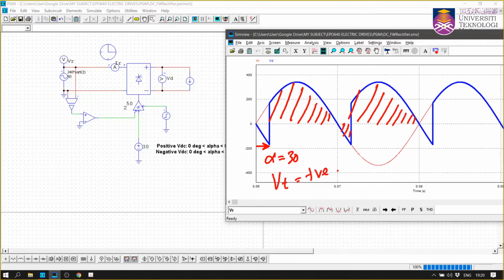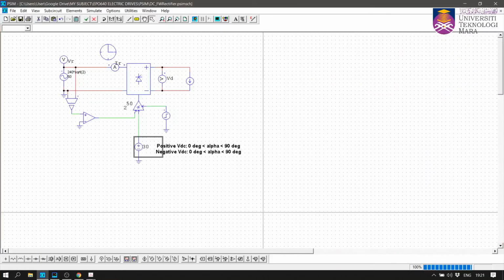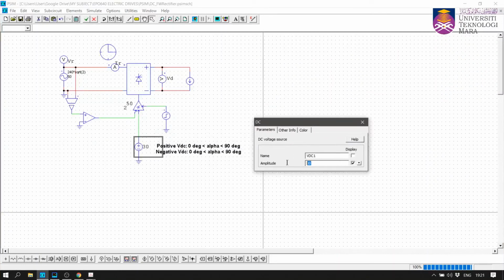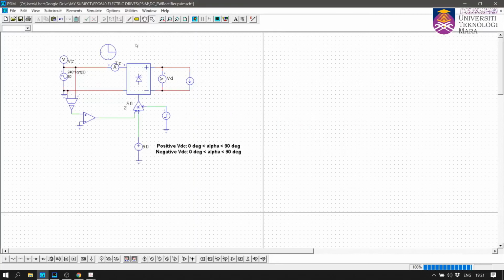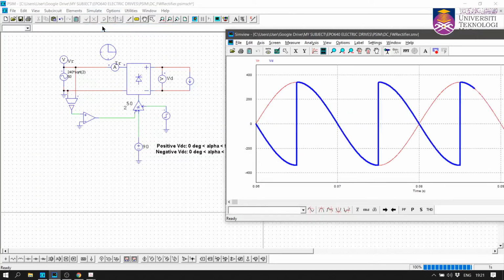Now this is alpha equals 30 degrees. What if you increase alpha up to 90 degrees? Let's look at the average output voltage. I'm going to go back to 30 degrees and change to 90 degrees. Look at that.